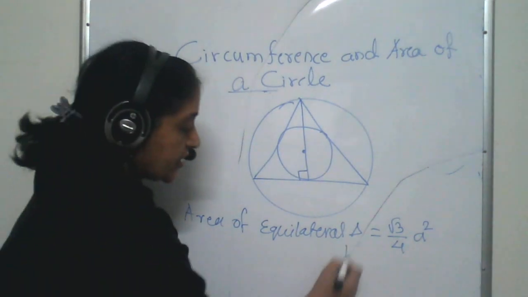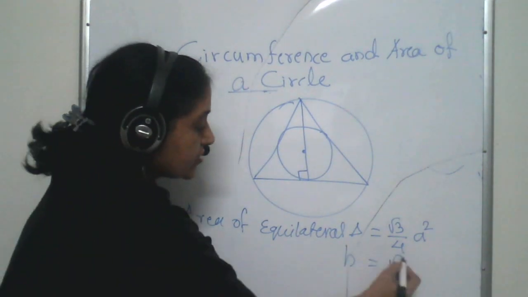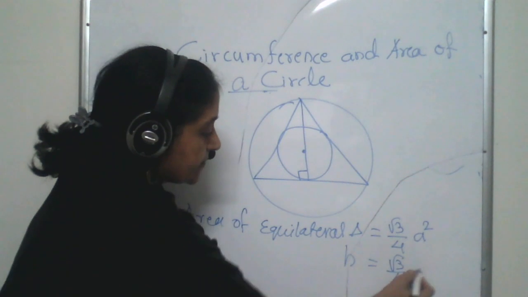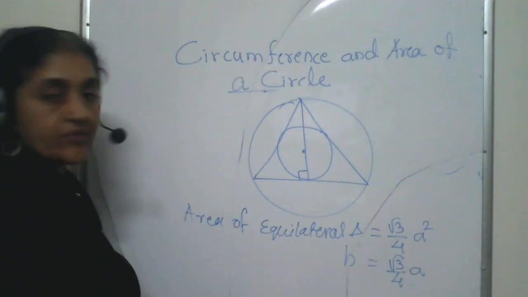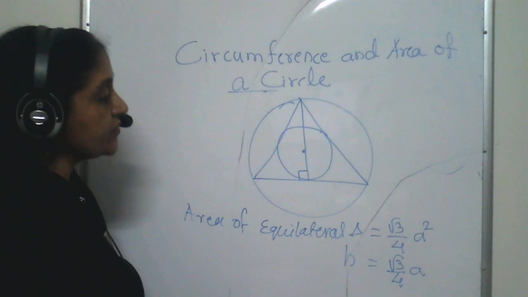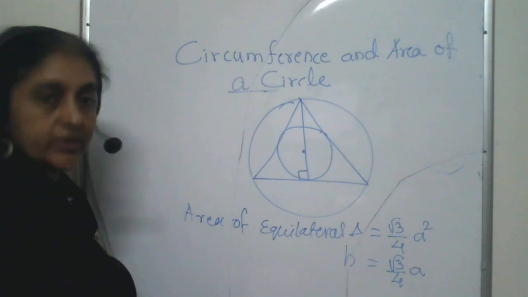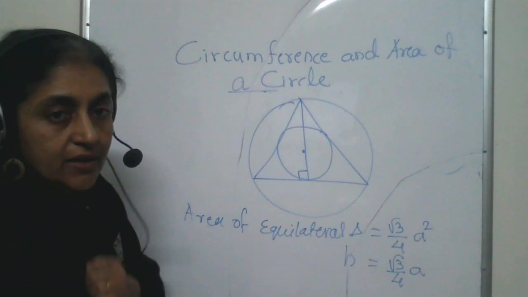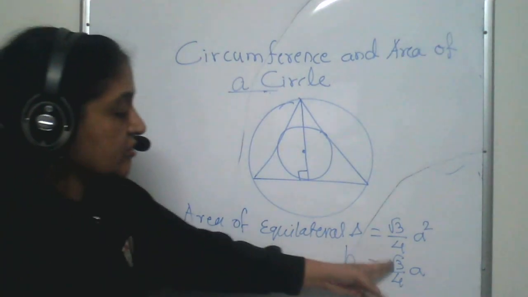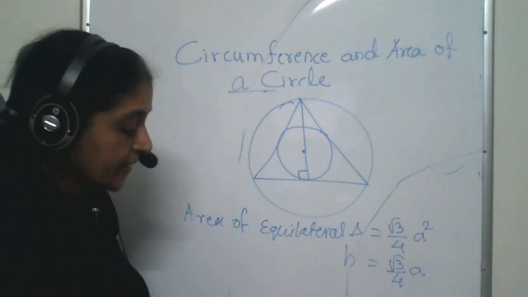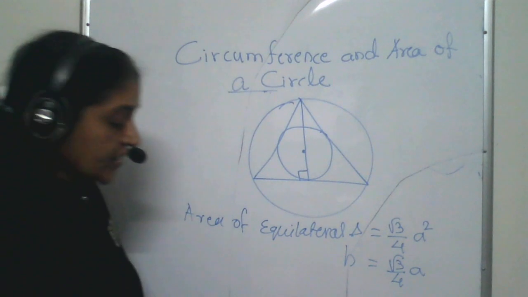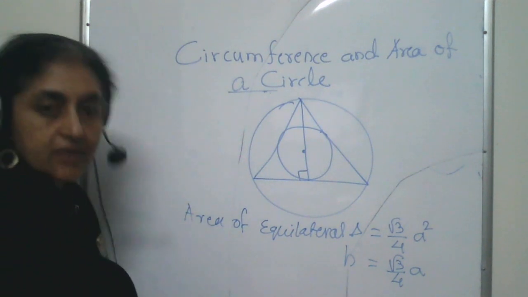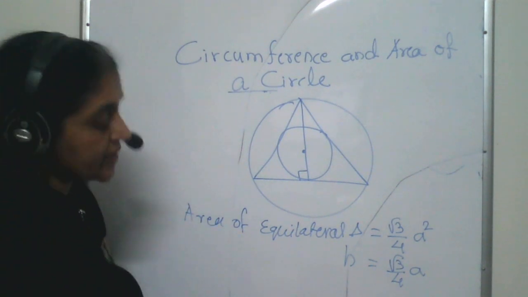Height is found by root 3 by 4 a. That's it. You can find the height of the equilateral triangle with the help of this also. If you know the area, you can do the same and just multiply the side with root 3 by 4, and you will get the height of it. Now the radius of incircle and circumcircle can also be calculated directly.